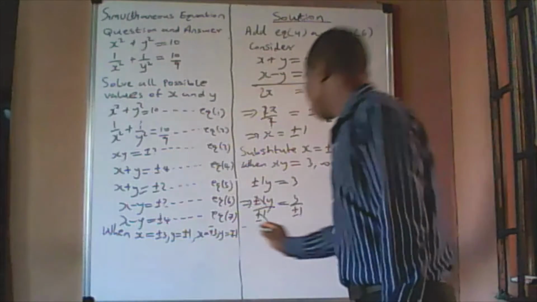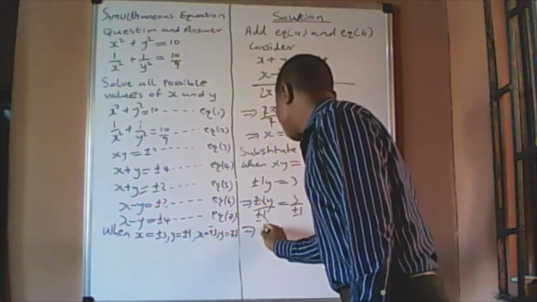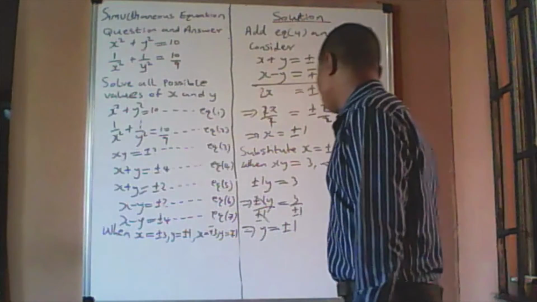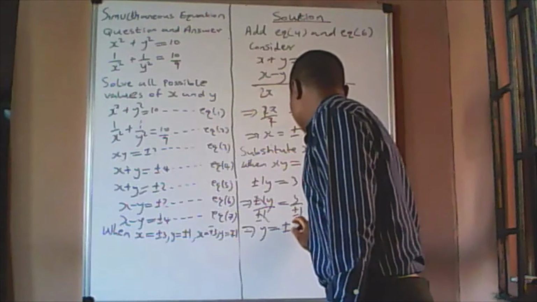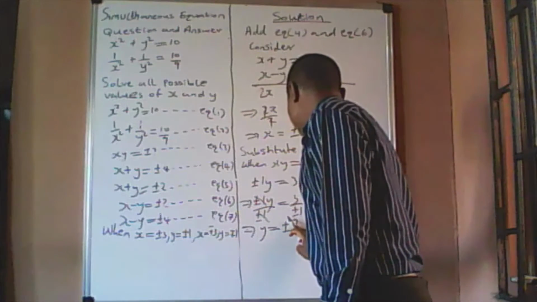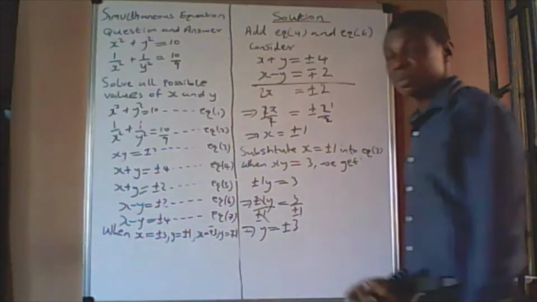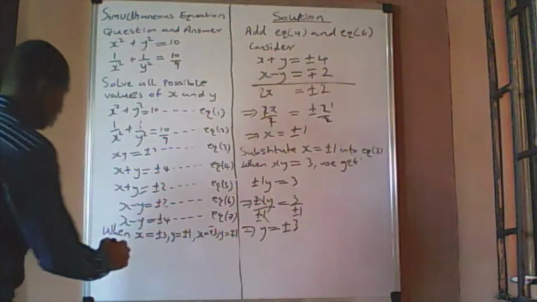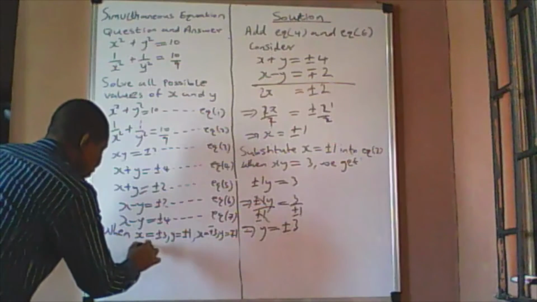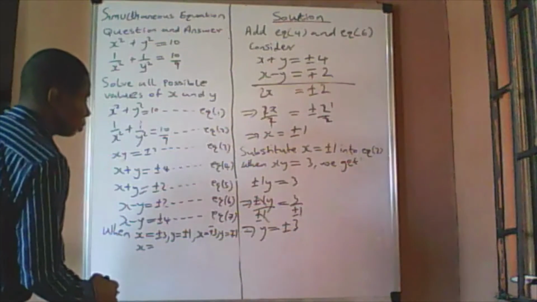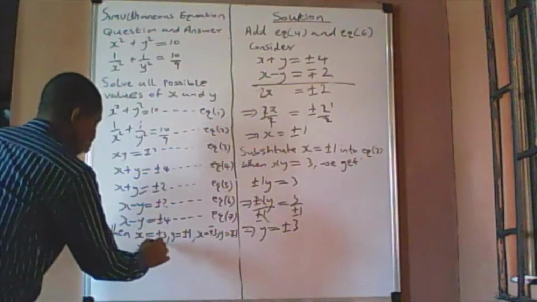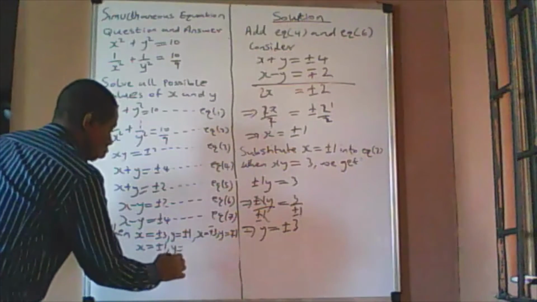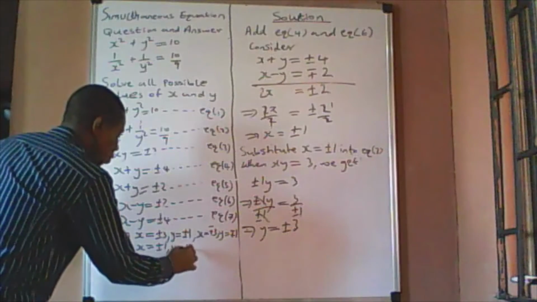That means it implies y is equal to plus or minus 3. We write the answer here. When x is equal to plus or minus 1, y is equal to plus or minus 3.